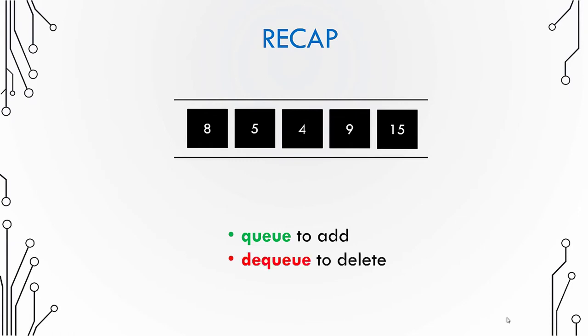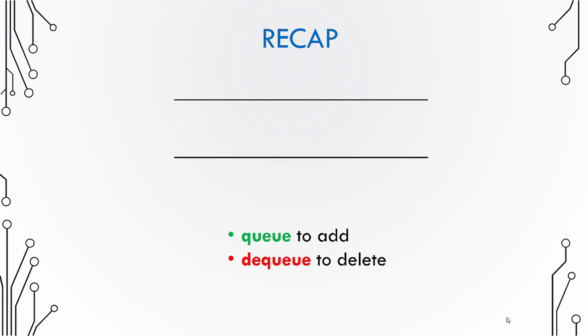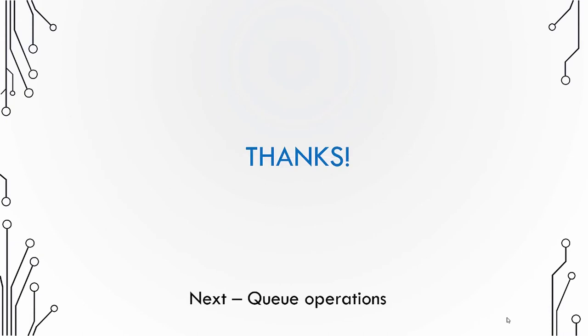The process of deleting an element is called dequeuing, and elements are deleted from the front of the queue. And a queue is a first in, first out structure. That means the first element to go in is the first element to go out of the queue. So that was a quick overview of what a queue is and what are its operations. Next, we will learn in detail some implementation scenarios for these two operations of the queue.